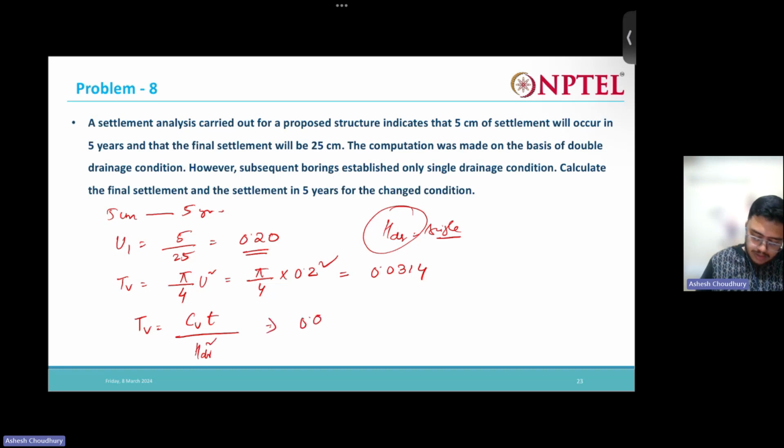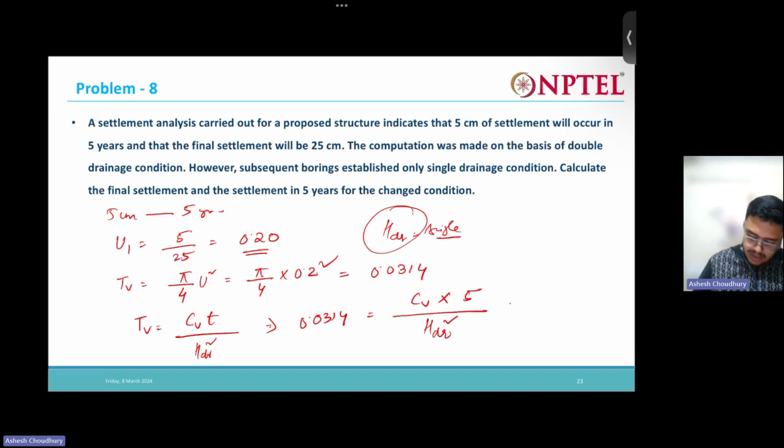So 0.0314 into Cv into what is the time? 5 years by HDR square.